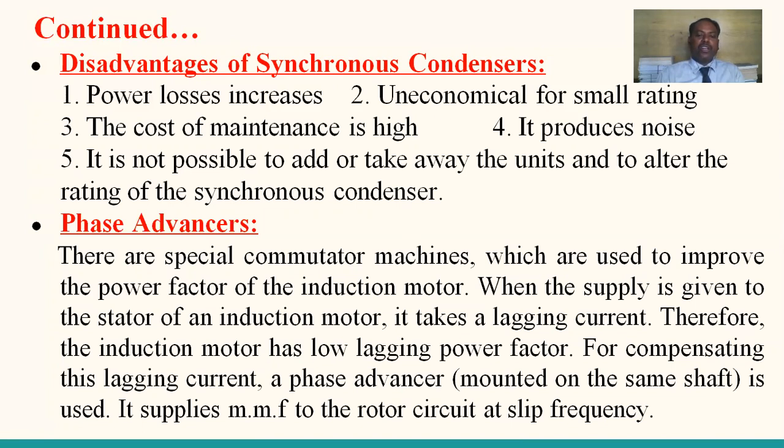Therefore, the induction motor has a low lagging power factor. For compensating this lagging current, a phase advancer, a special commutator machine, is mounted on the same shaft. It supplies MMF to the rotor circuit at slip frequency, so that it neutralizes the lagging component of the current and improves the power factor of the individual induction motor.